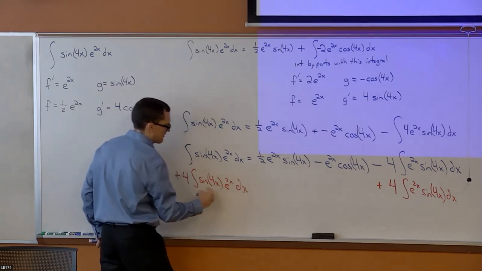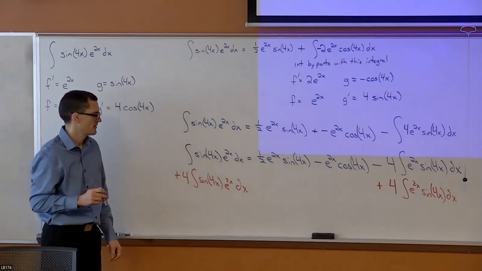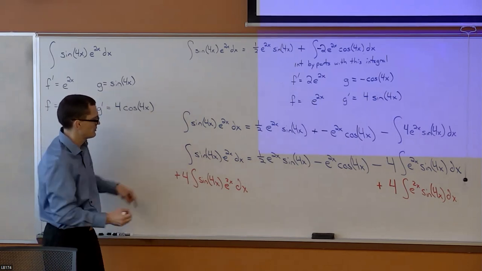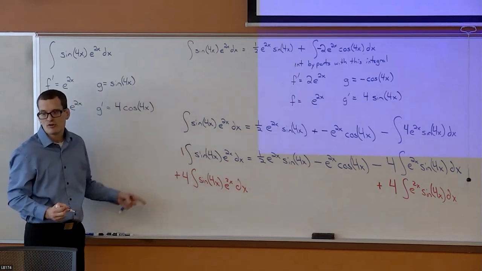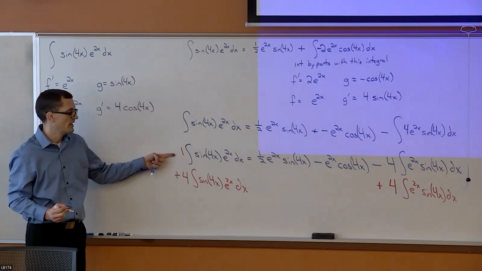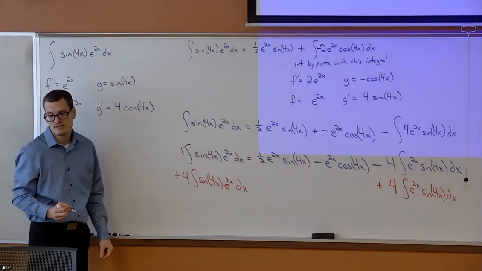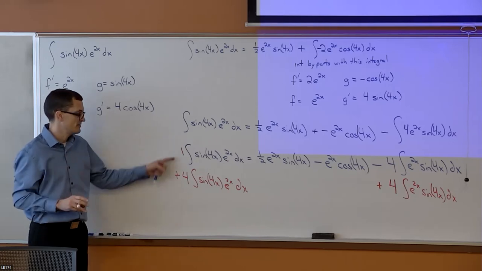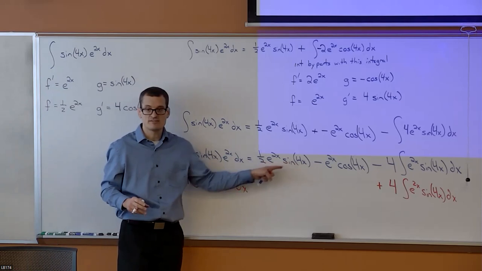Doesn't matter if the sine of 4x or the e to the 2x comes first or second, right? They're the same thing. By the way, this coefficient is a 1, right? So what I'm doing is I'm adding 1 integration plus 4 of the exact same integration. And I'm getting 5 of that integration is equal to this.